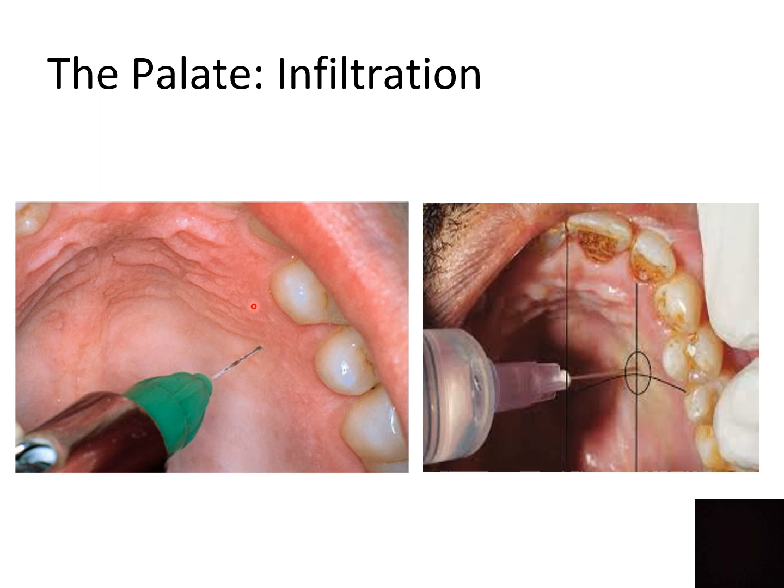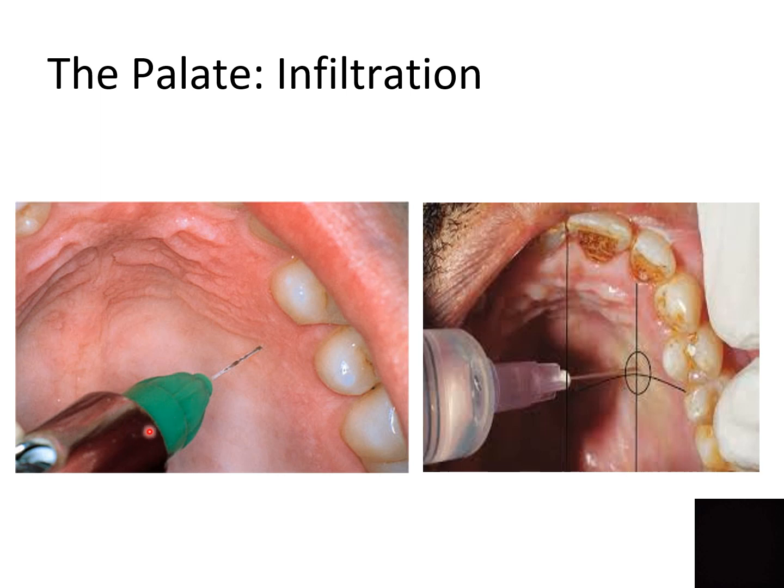So that's important. The commonest technique used for achieving anesthesia of the palatal tissues is infiltration, and you would require anesthesia of the palatal tissues when you're carrying out extractions or when you're doing periodontal procedures such as root surface debridement.